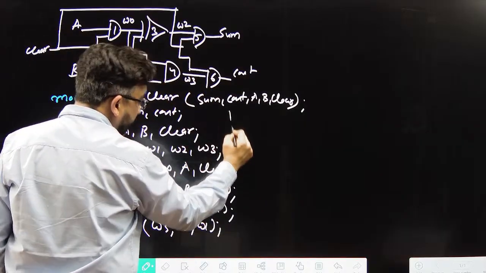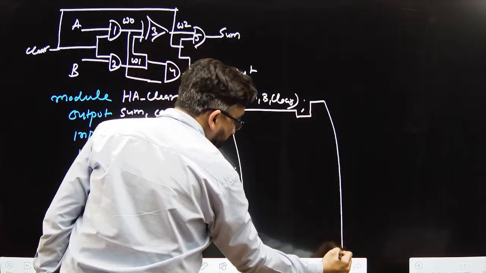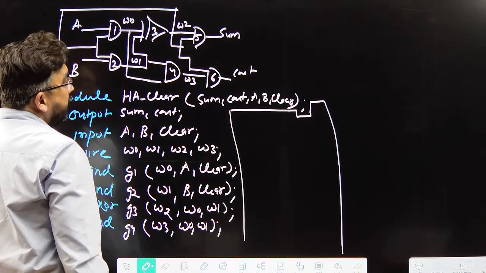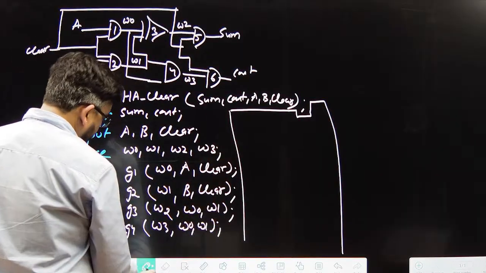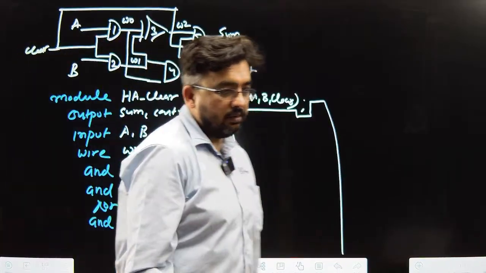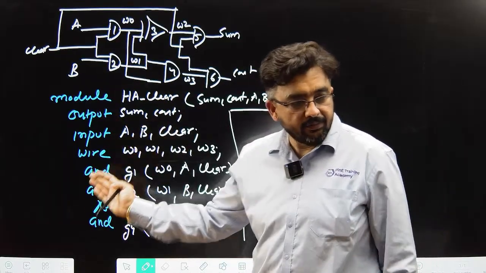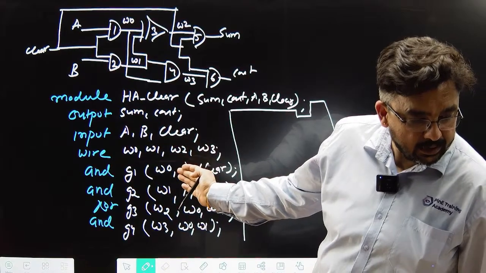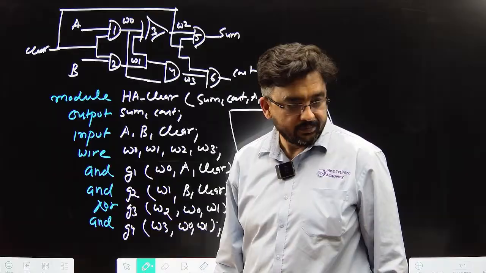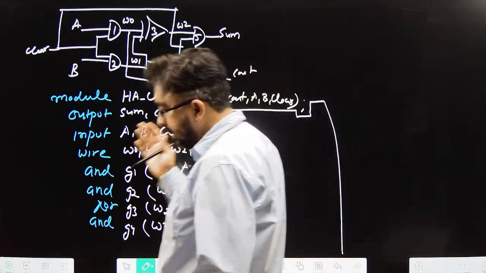So this is gate 5 and gate 6. When you are writing the code in Verilog, basically all the important keywords are always denoted in a different color, and all the identifiers, the user defined ones, are always in black color.